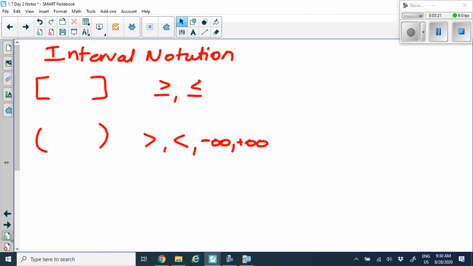Another thing I want to talk about, because we're going to see this when we are doing our number line, is the open and closed circles. If we have an equal bar, that means we have brackets, and that also means we are going to have a closed circle.